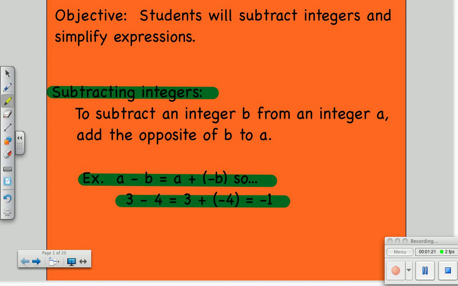So we have to start seeing that second term in a subtraction problem as negative. 3 minus 4 is the same as 3 plus negative 4. Okay? So if we're not sure with this subtraction again, we need to make sure we change the subtraction to addition and change the term that comes after the subtraction sign to the opposite of what it is. So what's the opposite of 4? Negative 4. Okay? So let's keep going and see how we do with this.